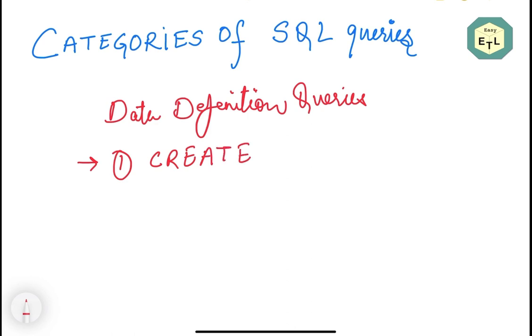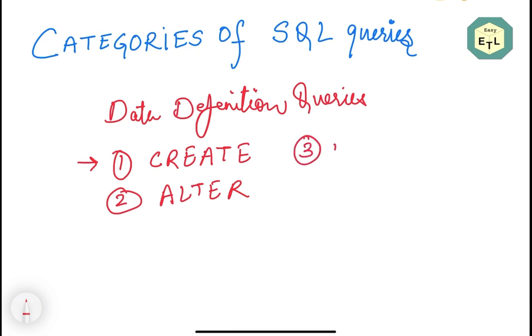Create new database objects like tables, indexes or views. So this is used to create any object in the database, right? Then there is alter, which modifies the structure of an existing database object. Like you want to add a new column to the table, or you want to add a new constraint to an already existing table, right? So you use alter statements.